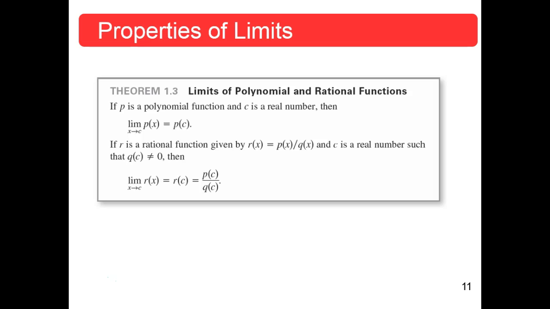If R is a rational function given by R of x equals P of x over Q of x, where both P and Q are polynomial functions, and C is a real number, as long as Q of C is not equal to 0. Because you can never divide by 0. This value can't be 0. So as long as Q of C is not 0, you can do this. Plug it in, plug it in. C in the numerator, C in the denominator, for the x's. And that's what it will always be for polynomial or rational functions.